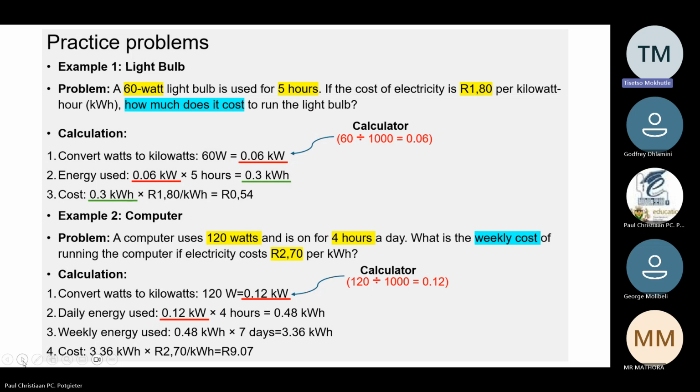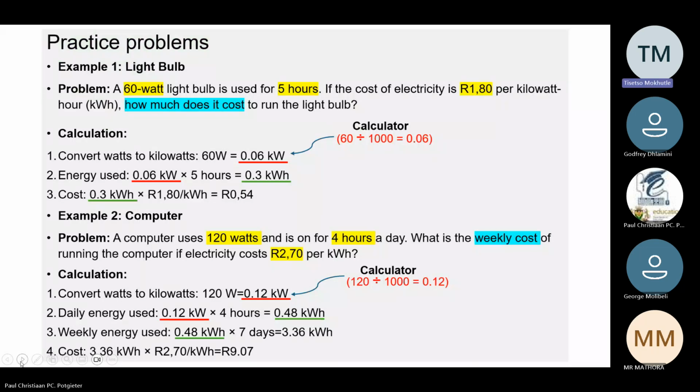So it will be the power multiplied by 4 hours, which is equal to 0.48, which is the energy. The energy answer, you are going to put it there. And you actually multiply the energy by 7 days before you put it into the cost equation. Why? Because we are going to calculate the cost for the week.